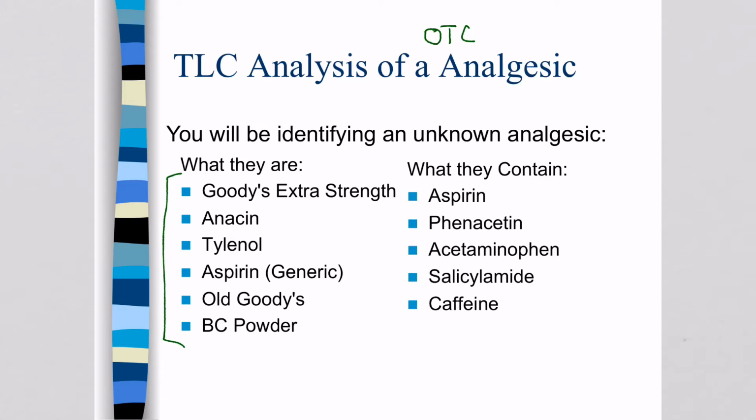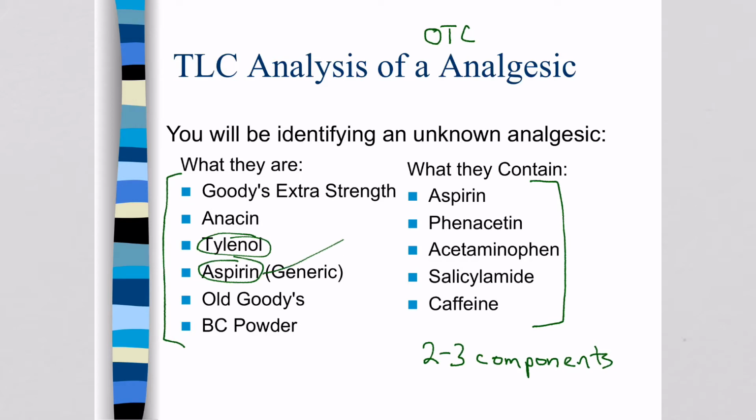They can contain any of these 5 compounds, often in a mixture of maybe 2 to 3 components. For example, something like aspirin or Tylenol is only going to contain 1 component. In the case of aspirin, that's going to be, guess what, aspirin. And in the case of Tylenol, that's going to be acetaminophen.